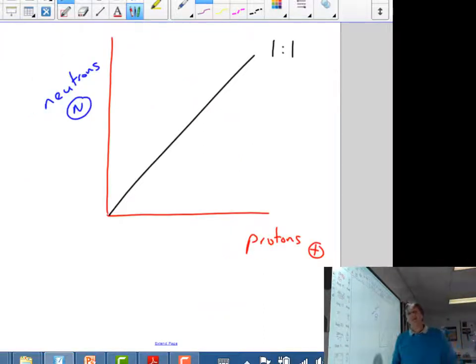Now, as a general rule of thumb, when you look at the elements in the periodic table, most of the smaller elements that haven't got as many protons, say up to about 25, 30, have roughly a 1-to-1 ratio. There's a line of stability for the stable elements that pretty closely follows that 1-to-1 ratio.